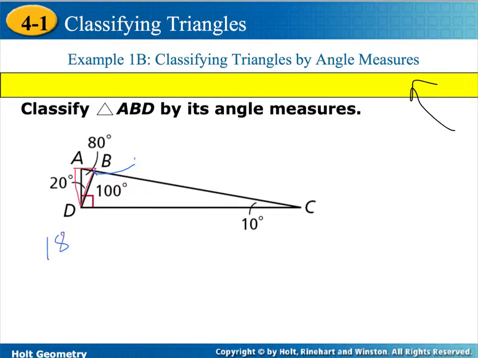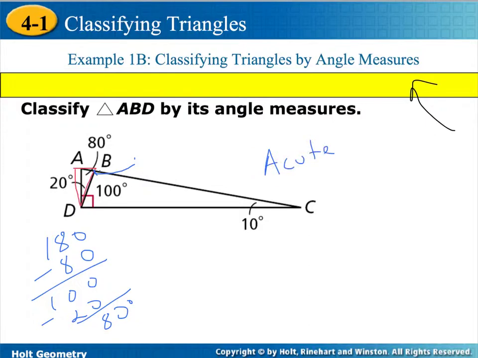If we take 180 minus 80, we get 100, minus another 20, we get 80 again. So this angle right here is 80 degrees. That means we have an 80-degree angle, 80-degree angle, 20-degree angle. Three, I repeat, three acute angles. Because we have three acute angles, it is an acute triangle. So cute! It's so cute because they're so little.